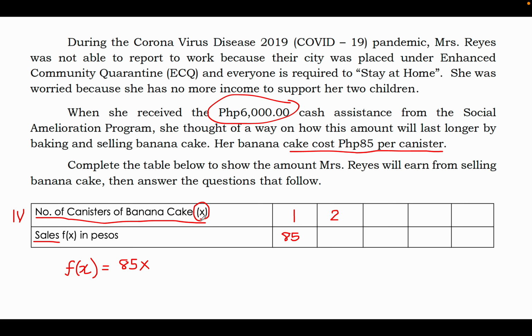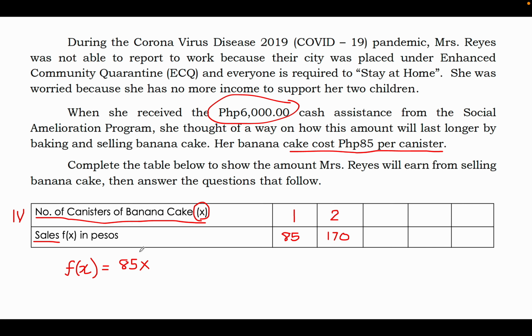Ito. So that means, kung 1 canister, ang benta niya, 85 times 1, we have 85. And then, if 2 canisters, meaning 85 times 2, we have here 170.